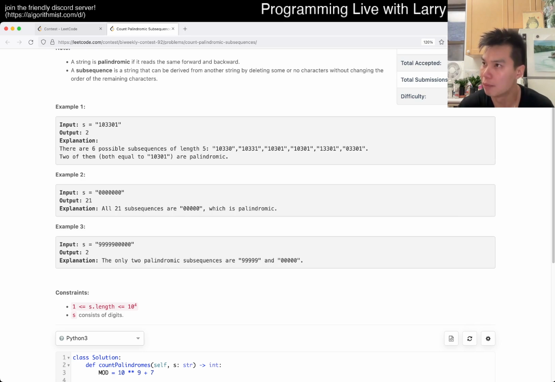But we can maybe pre-calculate. Don't know how to do it without. Actually, is it another prefix thing? Then you can do 10 to the 5th times 10 times 10 or something.